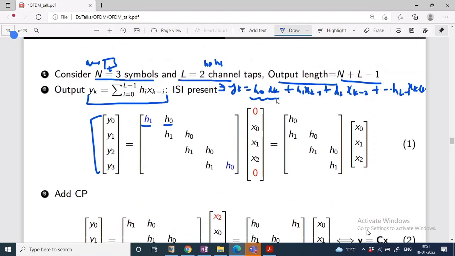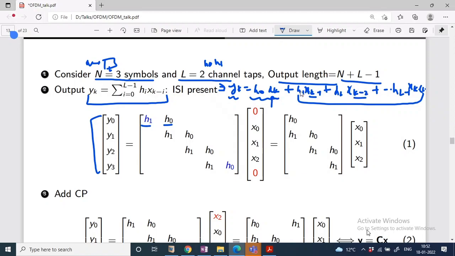So this is your current input and that is the current output, and these are the previous inputs k minus 1, k minus 2, and k minus L plus 1. These previous inputs cause the ISI. You can see the current frame, the kth frame, has the current input symbol plus the previous symbols' contribution. That means ISI is present.